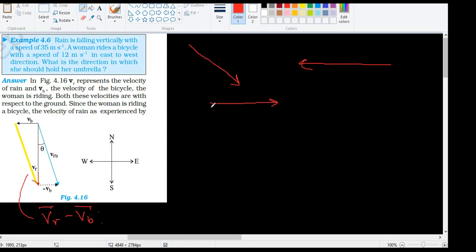So even though the rain is falling down this way, let's say I'm going on a motorbike with a very high speed. Then the velocity of the rain with respect to the man or woman is almost horizontal, because as this velocity increases, this becomes more and more horizontal.